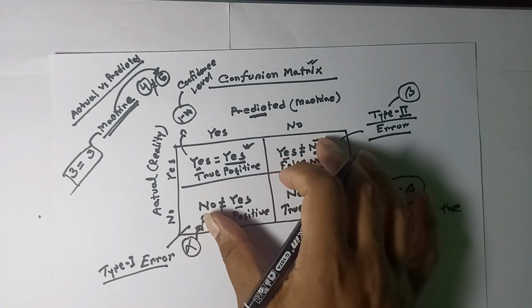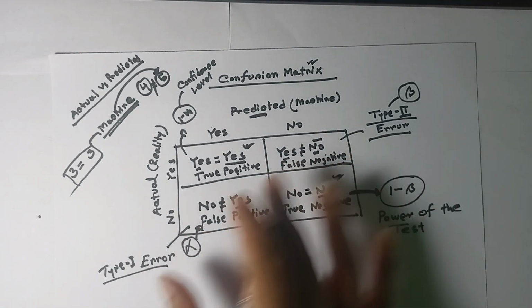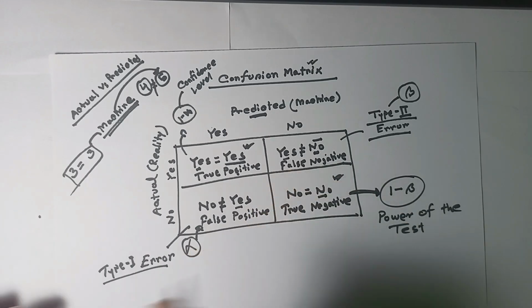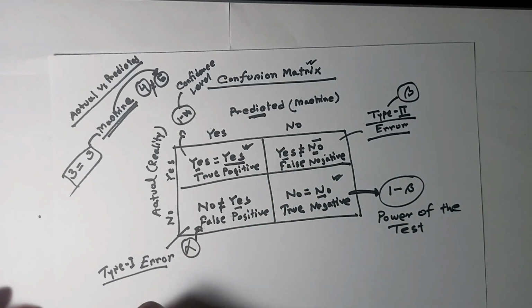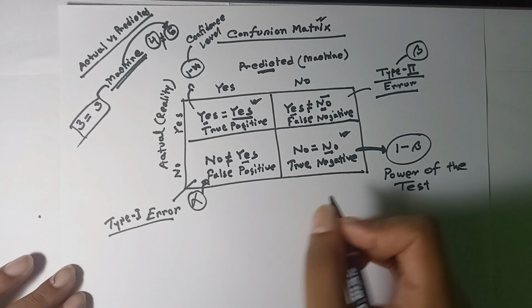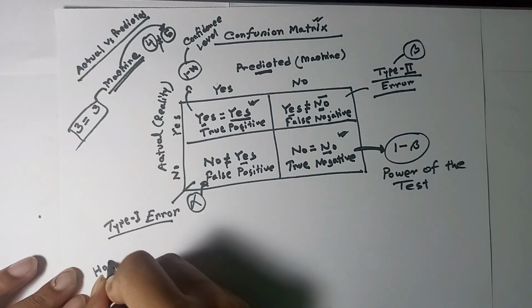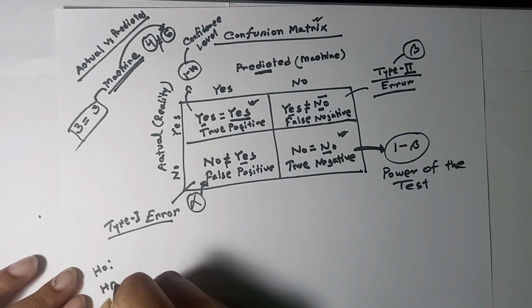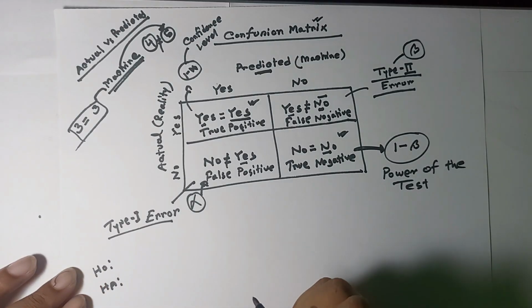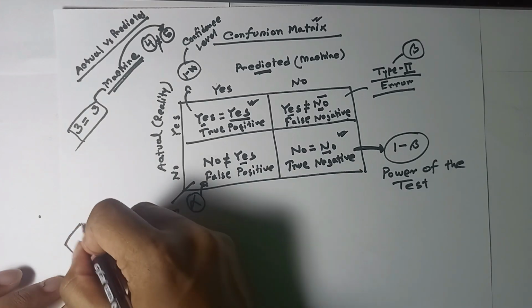For defining them, first of all, consider an example. Say an example of hypothesis testing, null hypothesis and alternative hypothesis. Consider a courtroom trial.